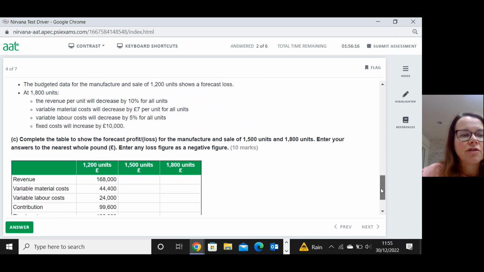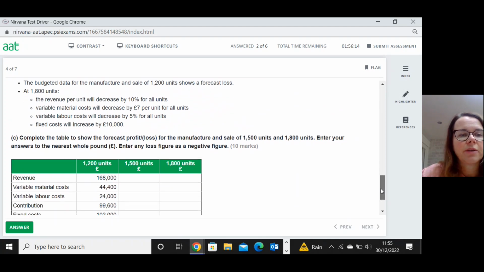At 1,800 units, we've got some information about what happens to the revenue per unit and so on, the various costs. And we're being asked to complete the table to show the forecast profit or loss at 1,500 units and at 1,800 units, entering answers to the nearest whole pound, and any loss figure should be shown as a negative.